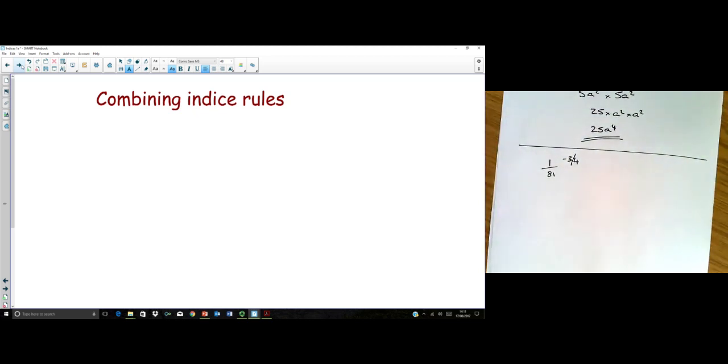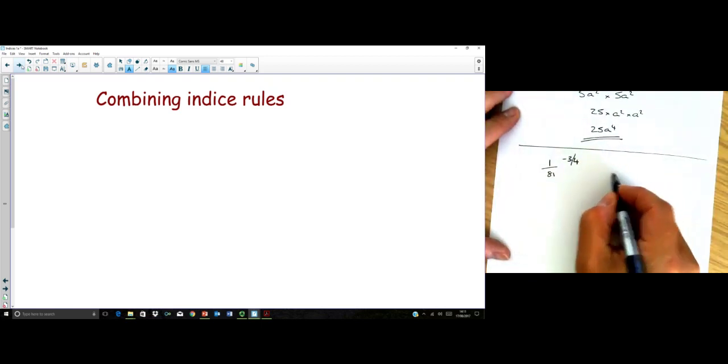Right, now, looks a little bit complicated, a little bit more difficult than what we've done before. But we just need to separate it into steps using indices rules. So 1 over 81 to minus 3 over 4.